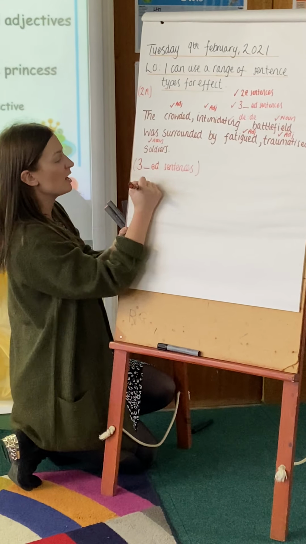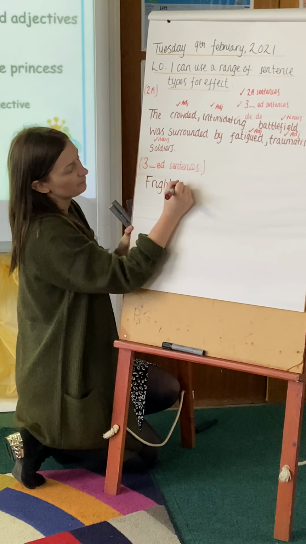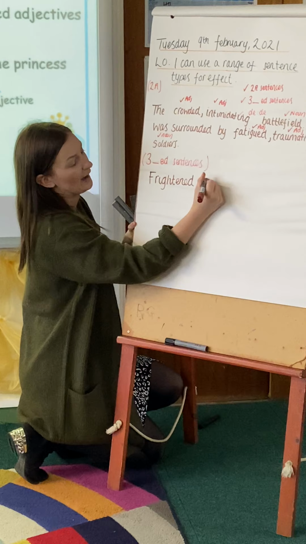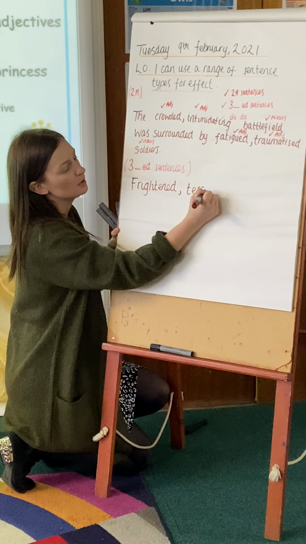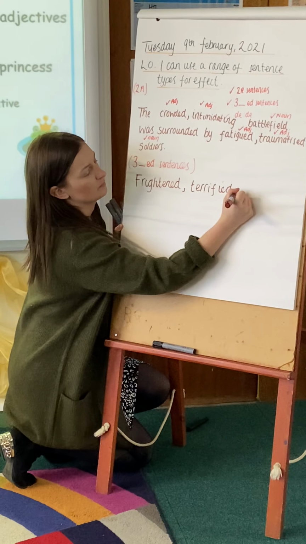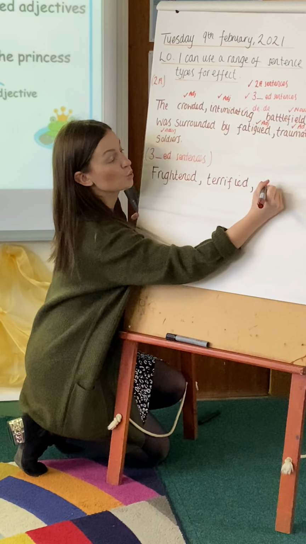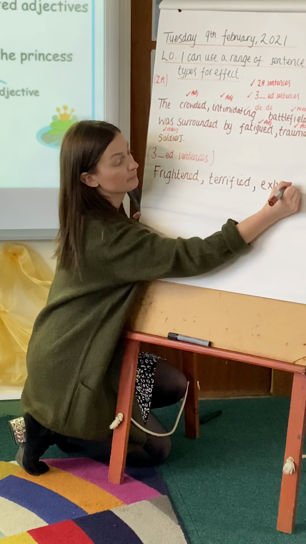So I'm going to put frightened, I can up level this afterwards if I need to, terrified, I'm going to put exhausted because it has to end in ED.